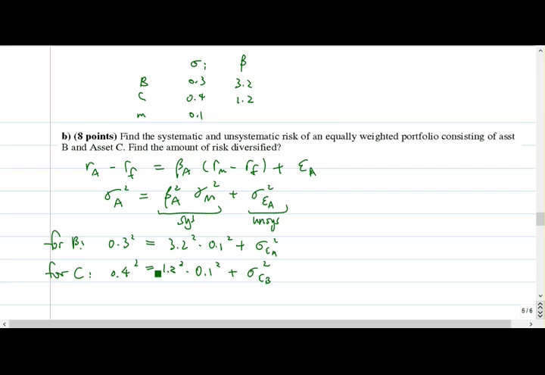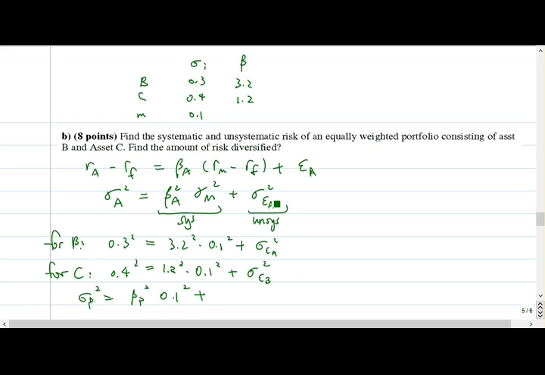Then for the portfolio it's exactly the same equation except we're replacing A by P, so it's the same idea. So the first thing is we need the portfolio beta. So sigma p squared is beta p squared times the 0.1 squared plus that part.